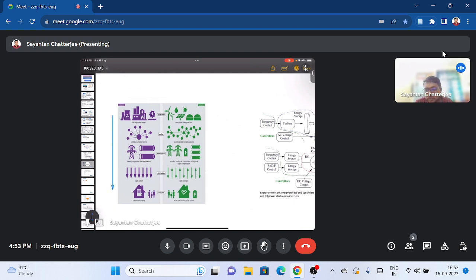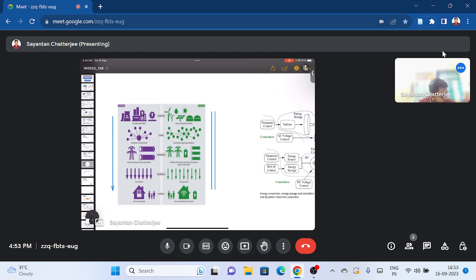But on the right side, what we can see is that there is a bidirectional power flow, meaning there is a top down approach as well as a bottom up approach.